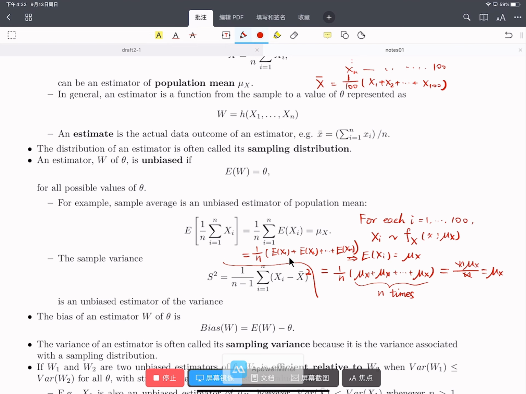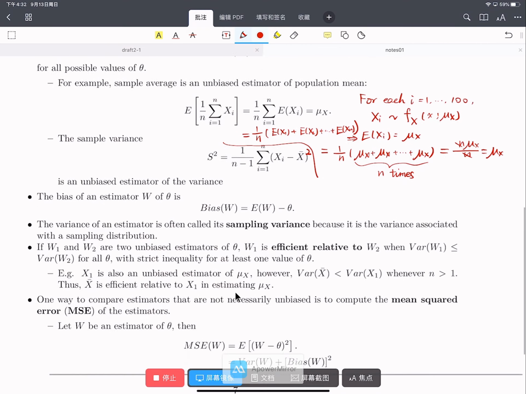So this is the unbiased estimator for the population variance. In the Coursera MOOC, it will explain why we should use n minus 1 instead of n, but let's just leave it for you.